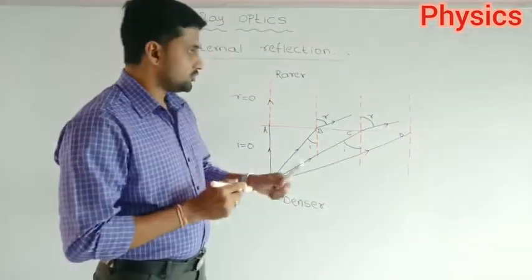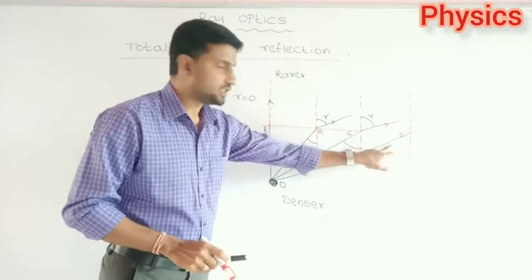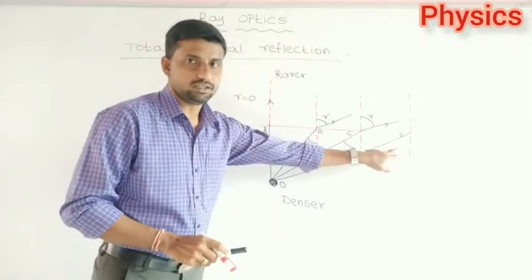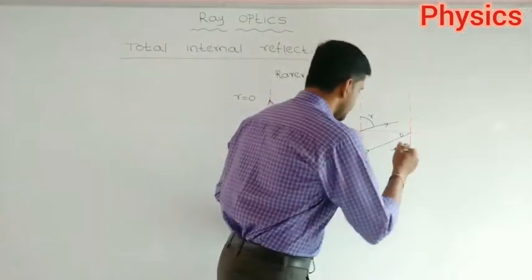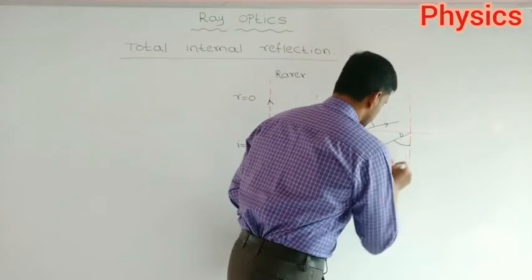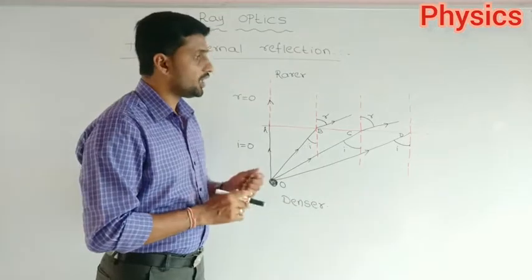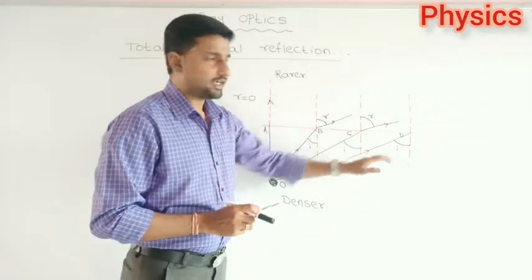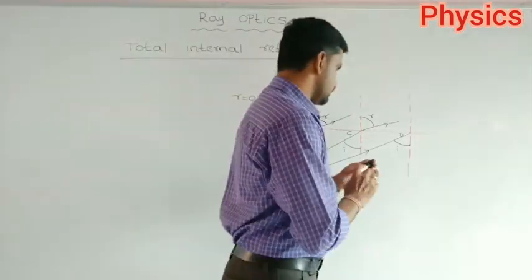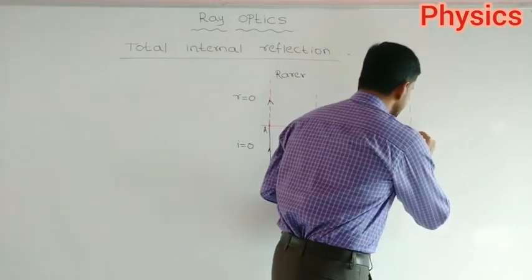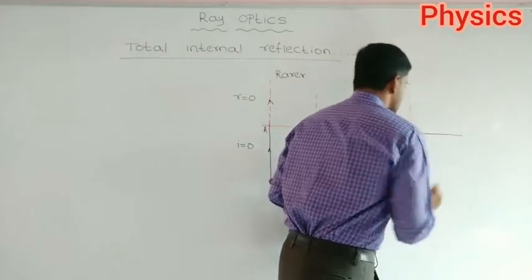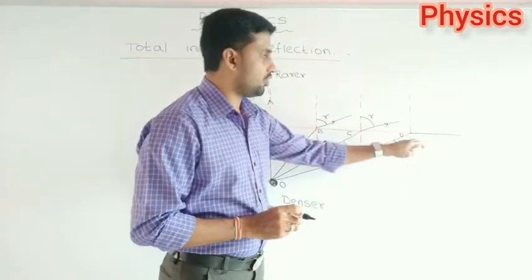Now if you observe here, the angle of incidence is further increased in this case. Now the angle between the incident ray and the normal I am taking as I. At this particular angle, I will observe that the refracted ray just grazes the surface of separation of the medium.